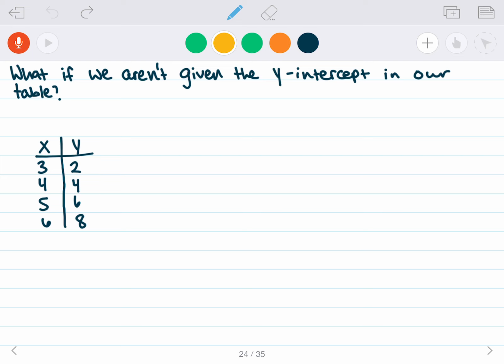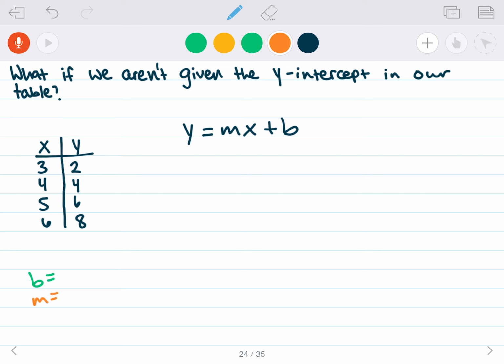What you can do is, we're given a bunch of ordered pairs, a bunch of inputs and outputs, and we can use the basic equation y equals mx plus b to solve for b once we have m. So we're looking for b, we're looking for m.